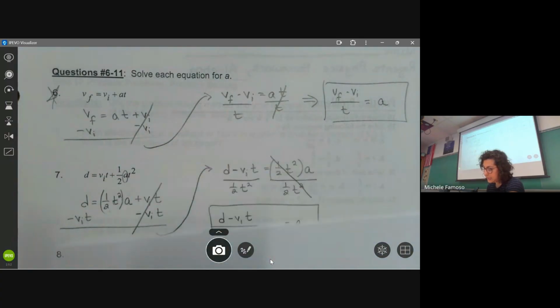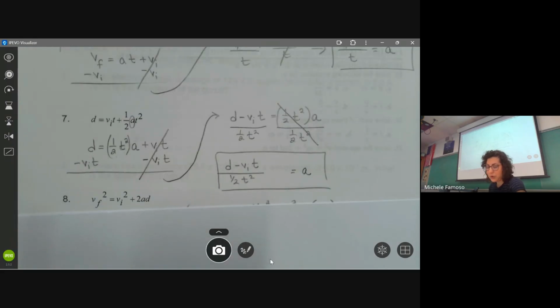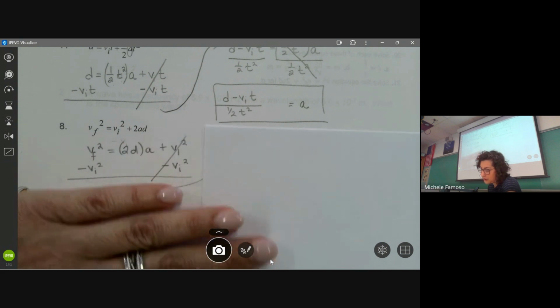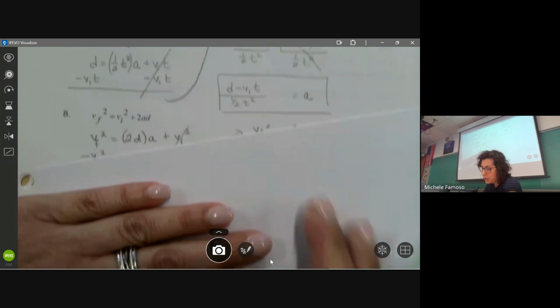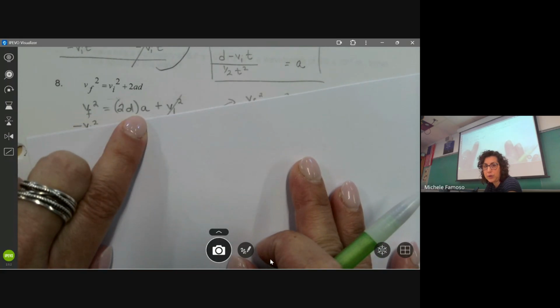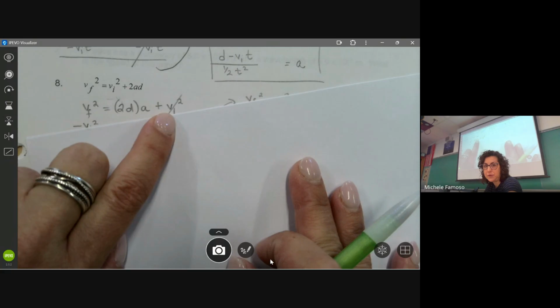Okay, we did 7 together, so I'm going to skip that one. Let's go to number 8. VF squared is VI squared plus 2AD. So the first thing I'm going to do is move it around. So VF squared is the quantity 2D times A, regroup it so the A is not in the middle of things, it's at the end, plus the VI squared.